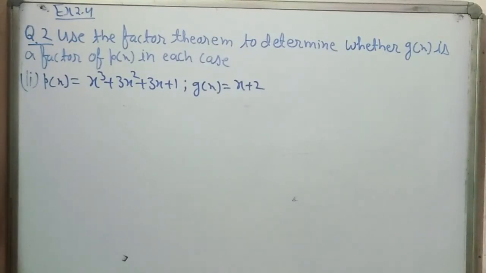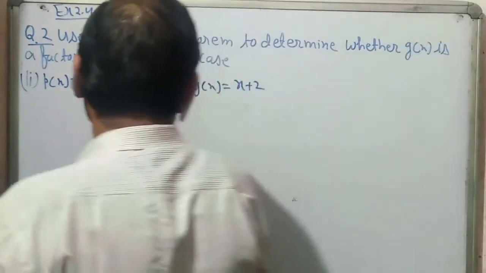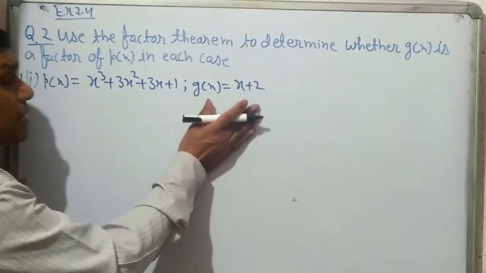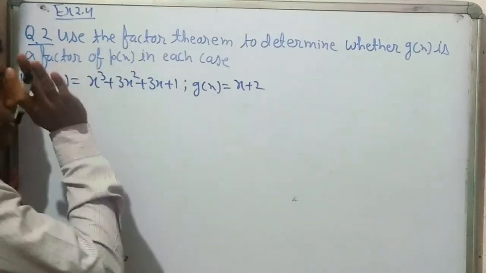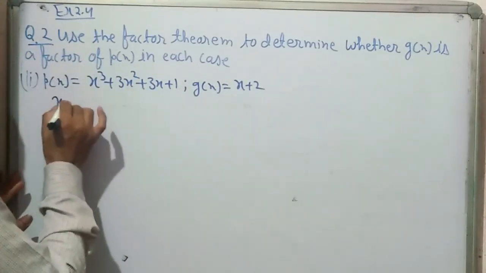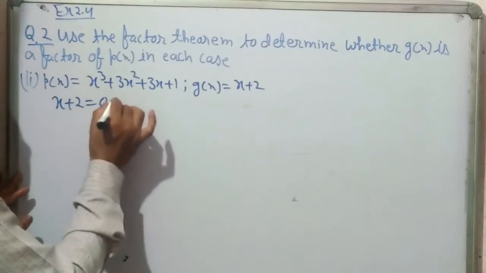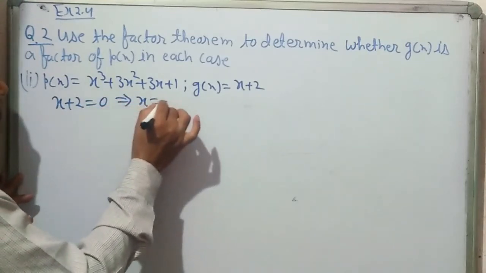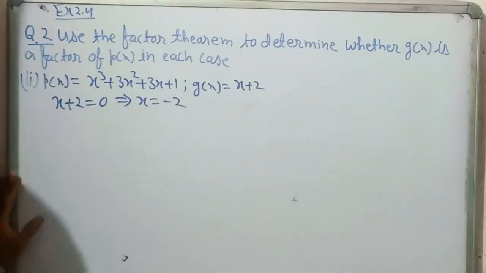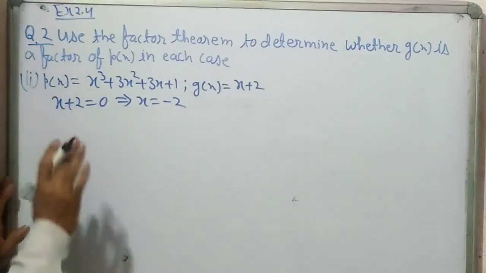Now in the second part of this question, what we are given is p(x) is this and g(x) is now changed. It is x plus 2. So what we do, we first find the 0 of g(x), which is minus 2. Right?